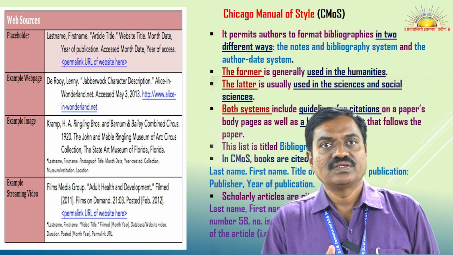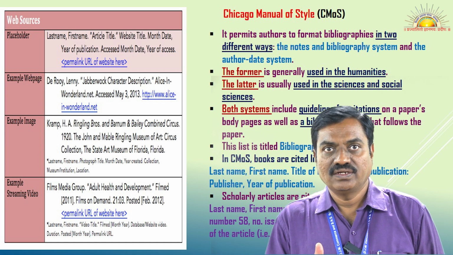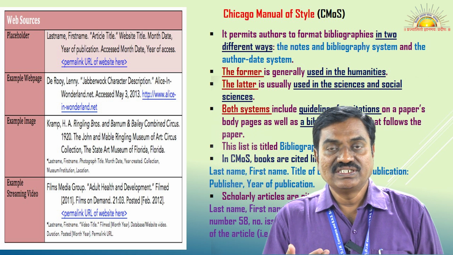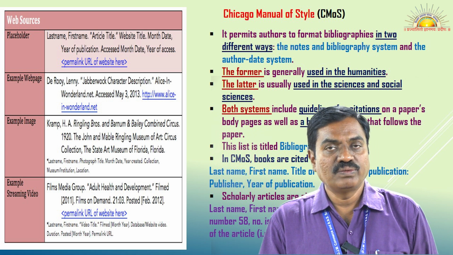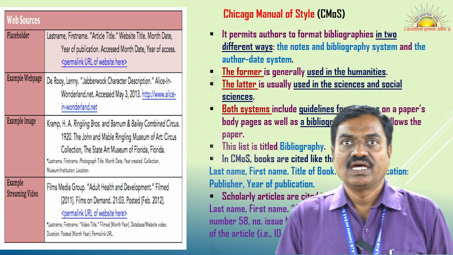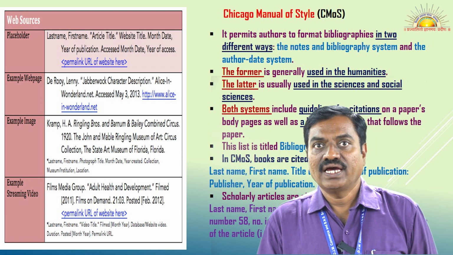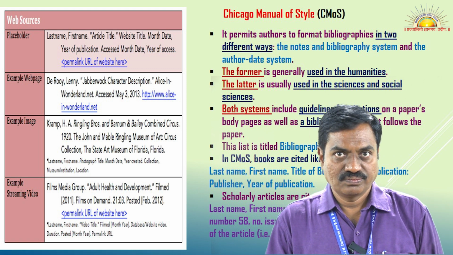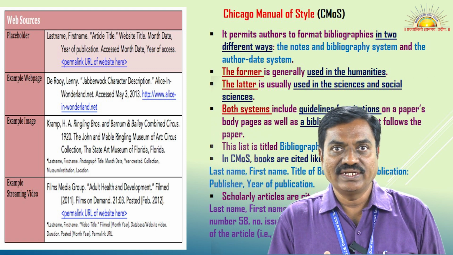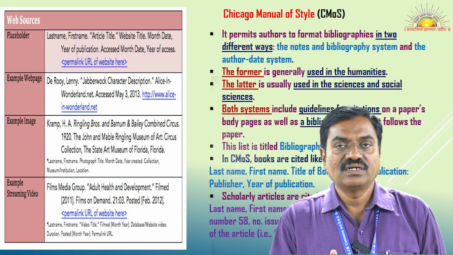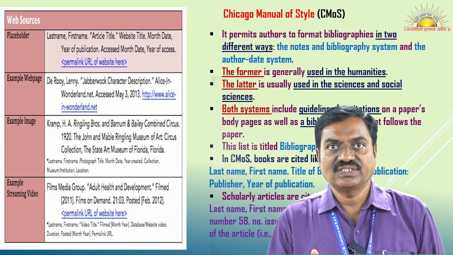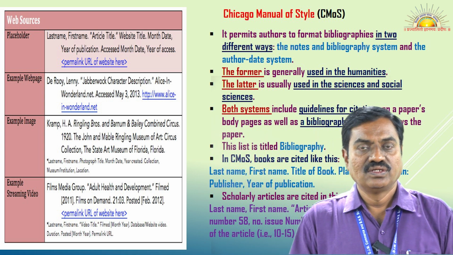Now we talk about the Chicago Manual of Style or CMOS. It permits authors to format bibliographies in two different ways: the notes and bibliography system and the author date system. The former is generally used in the humanities, whereas the latter is usually used in the sciences and social sciences.